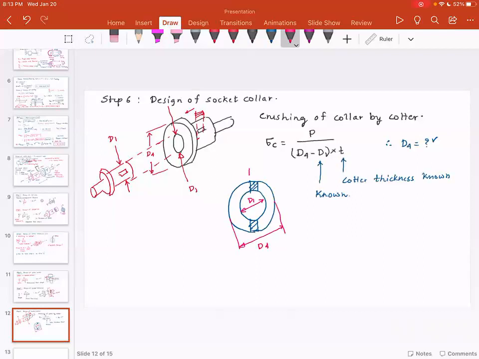And this is nothing but T. So D4 minus D1 multiplied by T is nothing but the cotter crushing the socket's collar.